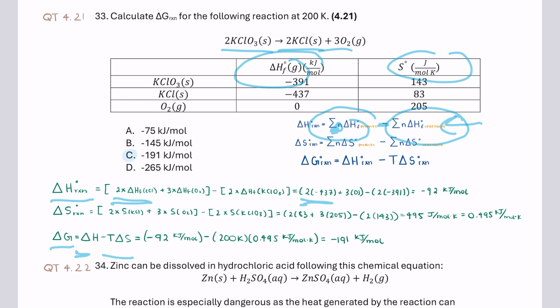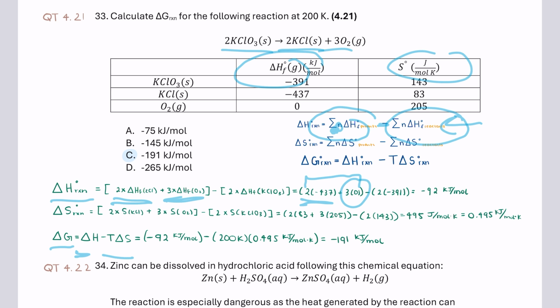The other product is 3 moles of oxygen gas. Oxygen is in its elemental form, so the standard enthalpy of formation is 0. 3 times 0 is 0. So altogether, the total enthalpy contribution from the products is negative 874 kilojoules.